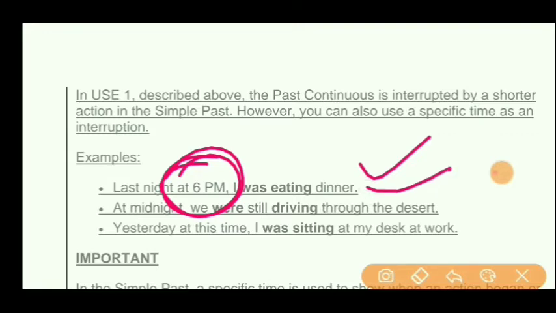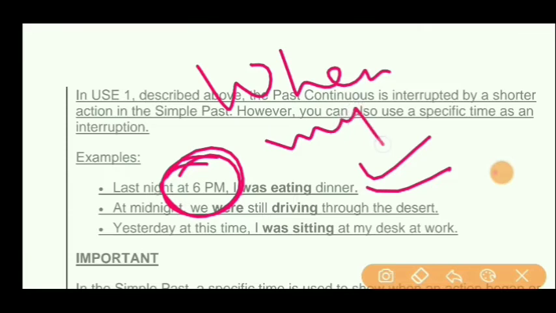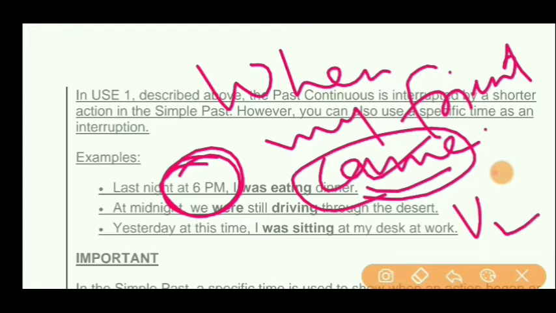Last night at 6 p.m. I was eating dinner when my friend came. Here, "came" is the second form, and it shows that it is simple past or past indefinite tense.